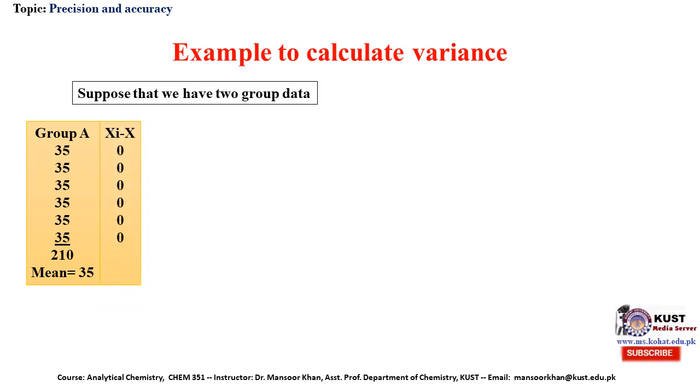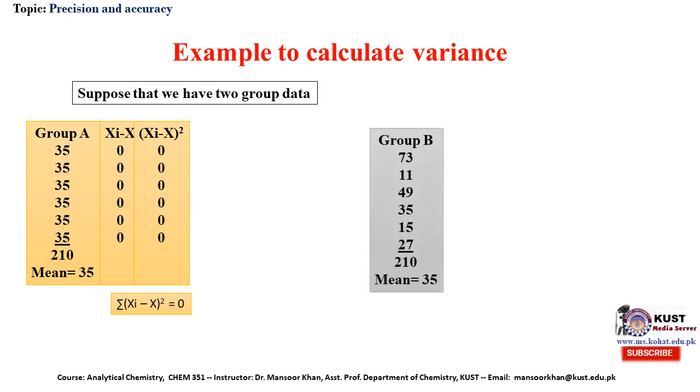The mean value of group A is 35, so the difference between each value and the mean is equal to 0, and the square of the difference between each measurement and the mean is also equal to 0. So summation (xi minus x̄) whole squared is also equal to 0, while group B consists of 73, 11, 49, 35, 15, 27. The mean value is also equal to 35.